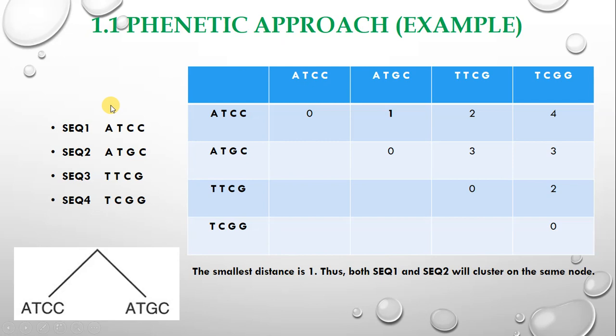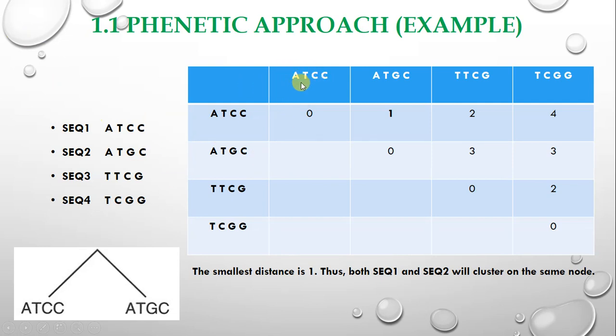The first sequence is ATCC, the second sequence is ATGC, the third sequence is TTCG, and the fourth is TCGG. Now the computer will generate a kind of matrix during the construction of the phylogenetic tree.